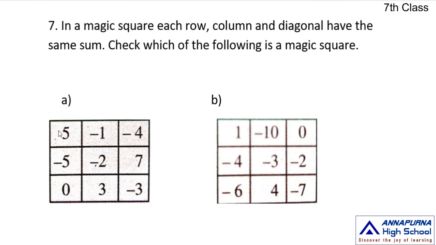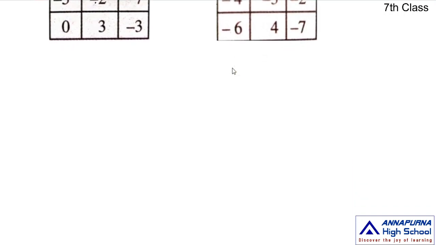And diagonal also. Diagonal means 5, minus 2, minus 3, and add the integers. Second diagonal, minus 4, minus 2, 0, and you see the result. Like that you check the second square also. So this is homework for you. Do it at home.